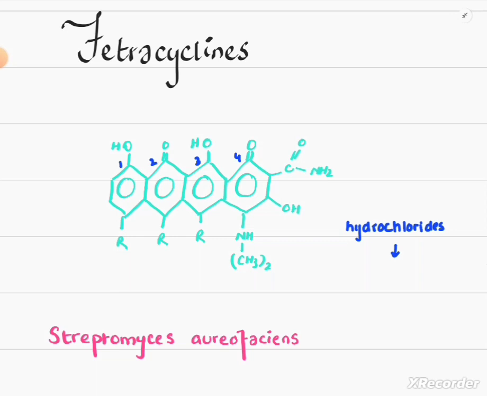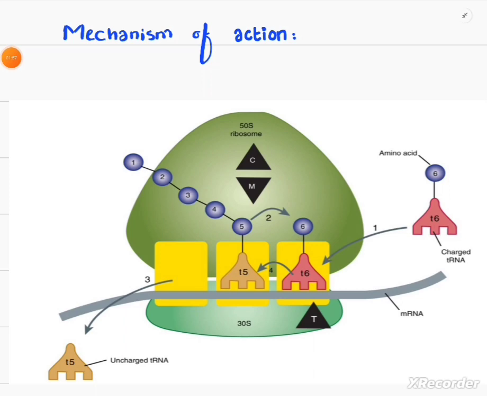Let's dive into the mechanism of action by which they exert their antibacterial effect. Tetracyclines enter into the cell by active transport or by passive diffusion through the cell membrane.